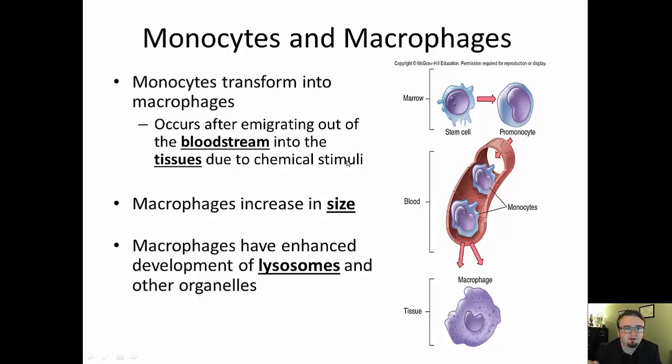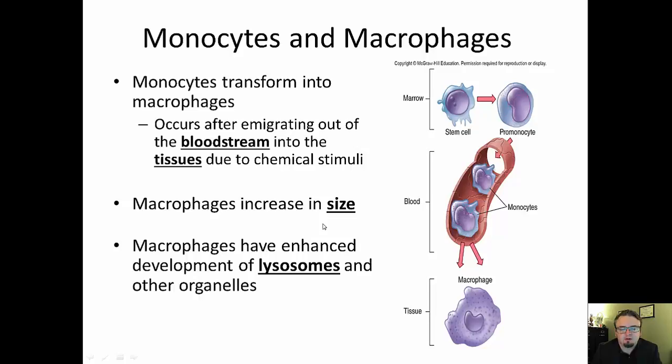This has to do with other cells that are signaling them to come into that area, which we'll talk about later. As I said, these are like elite cells. You can almost think of a monocyte as a cell in training to become an elite cell, and the macrophage is that cell at the end of that elite training.